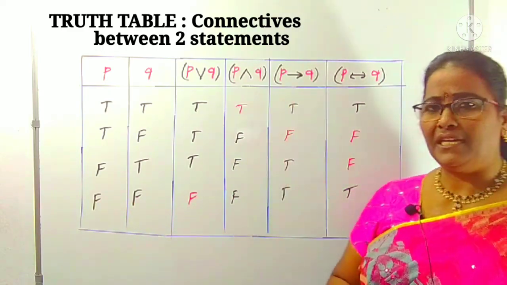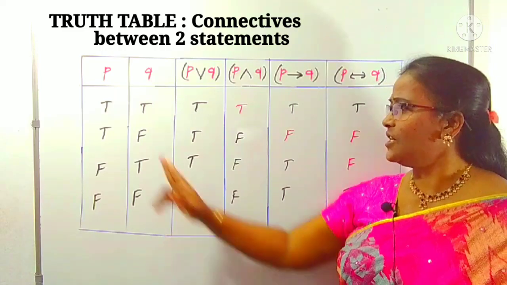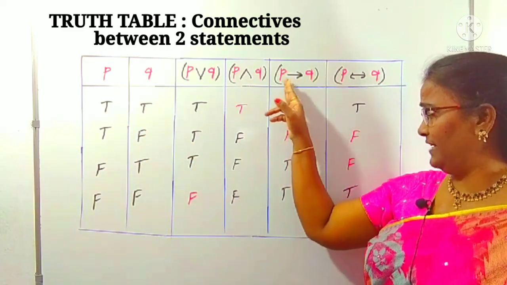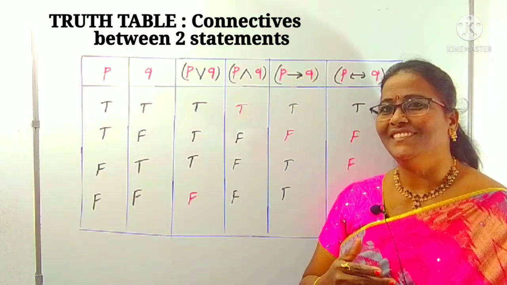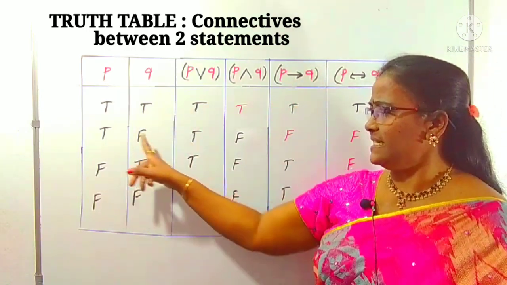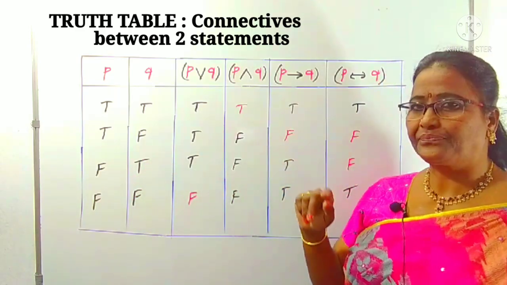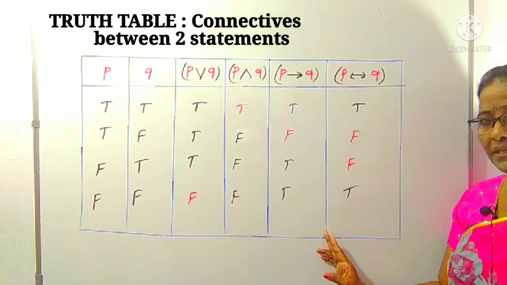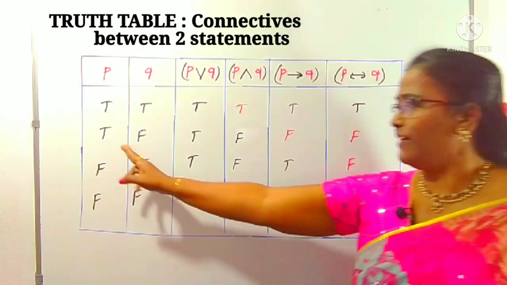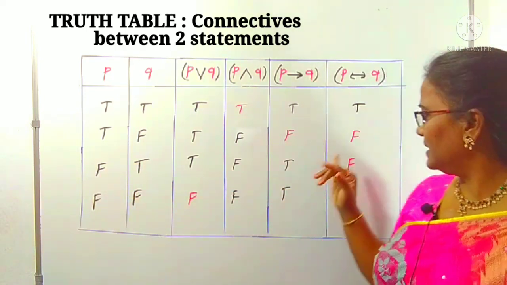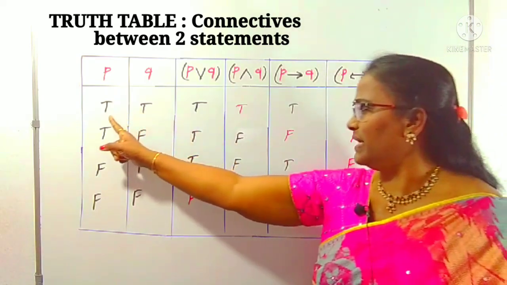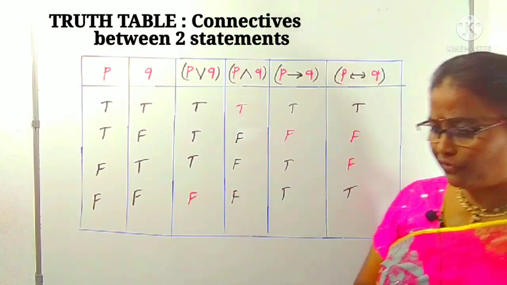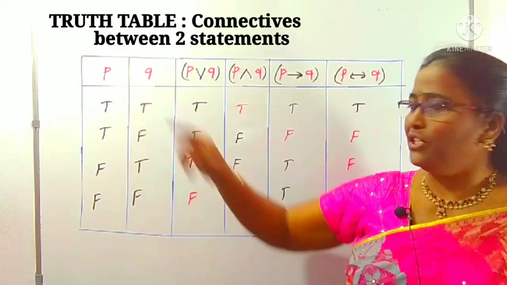In the case of AND, all are false, and only when both are T is it T. In the case of if-then, when the first one is T and the next one is F, then only it is F. This clearly explains that when both are opposite, like TF and FT, then only it is false; when both are the same, like TT is a T, FF is also T. These are the four connectors' results between the two statements.